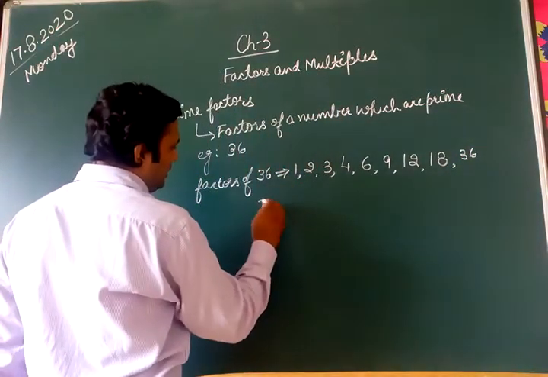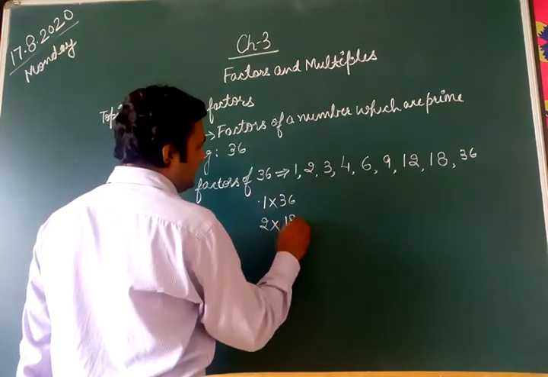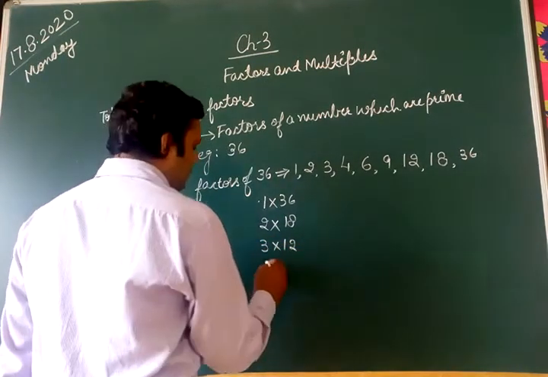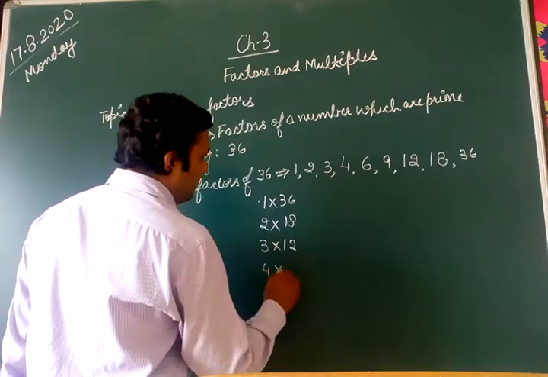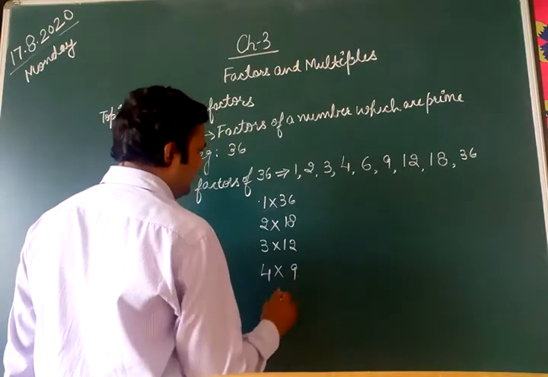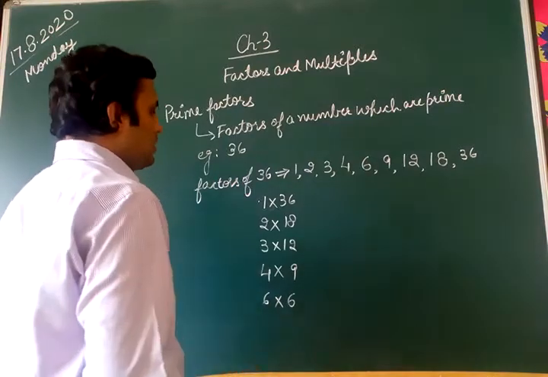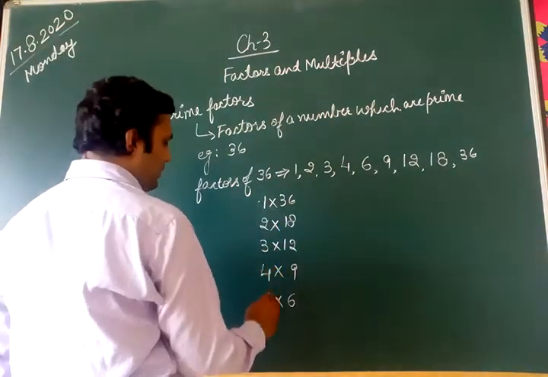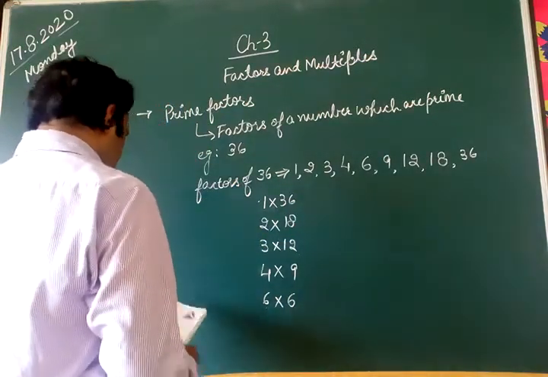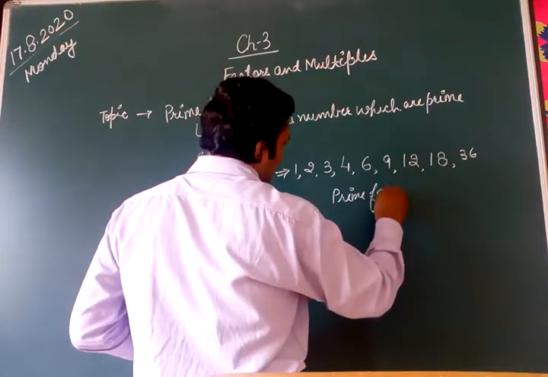You can also write it like 1 multiplied by 36, 2 multiplied by 18, 3 multiplied by 12, 4 multiplied by 9, 6 multiplied by 6. So 1, 2, 3, 4, 6, 9, 12, 18, 36. These are all the factors of 36.